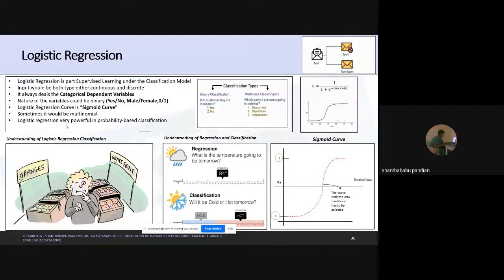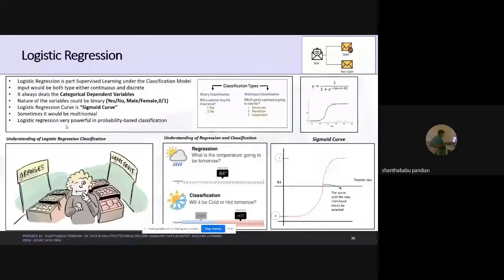But mathematically, if you want to prove this, it involves different steps. I don't want to bring everything, because if you started doing all the R&D on logistic regression, it takes almost 2.5 hours to cover, even more, because of the mathematical proof and how we can apply it.